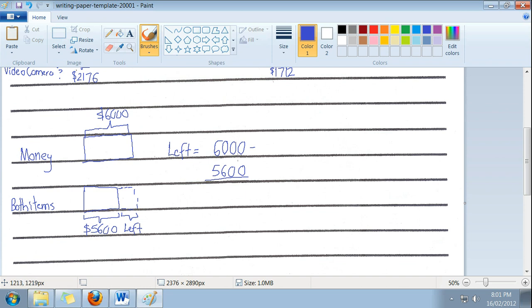Top needs to be bigger than the bottom in order for you to subtract, okay? And the answer is 400. So therefore, Mr. Tan has $400 left.